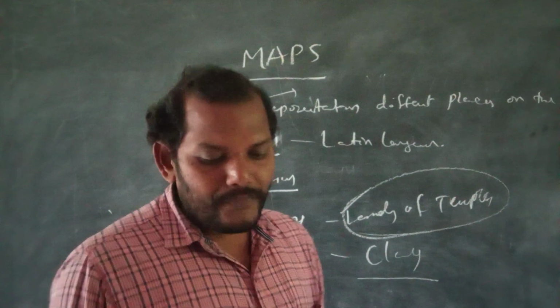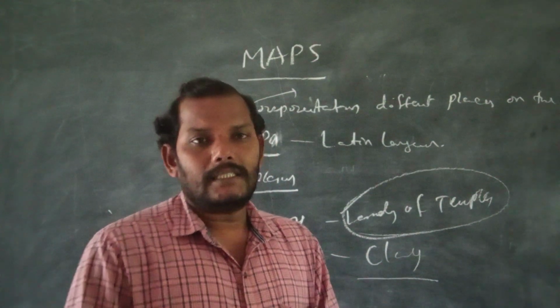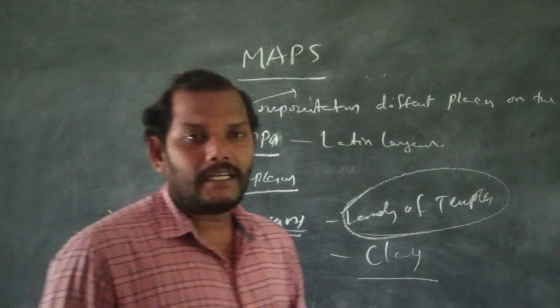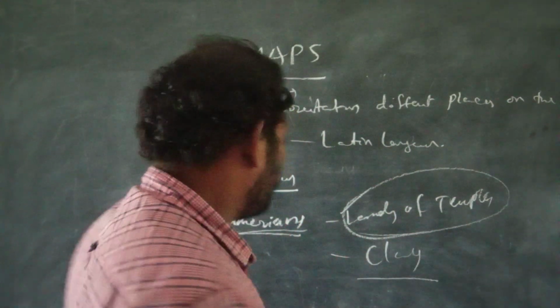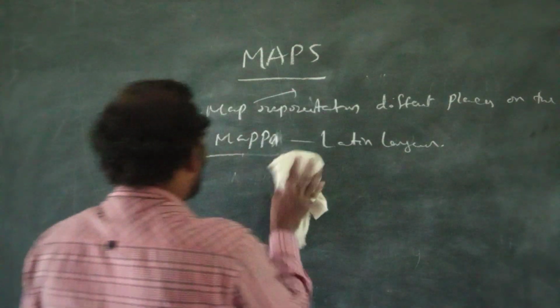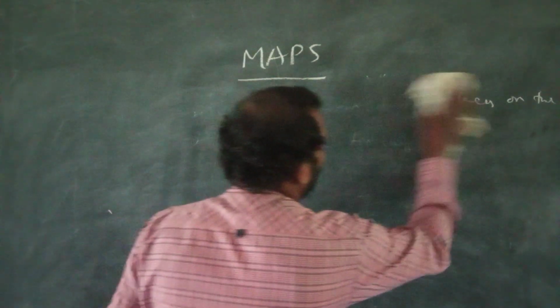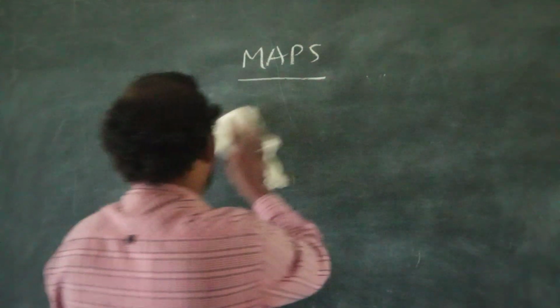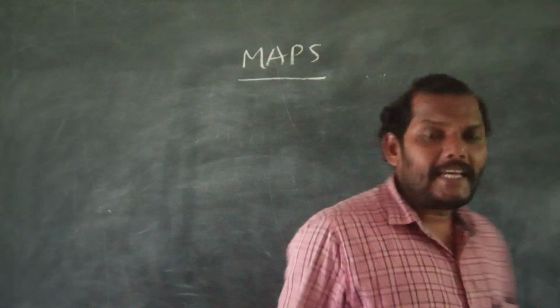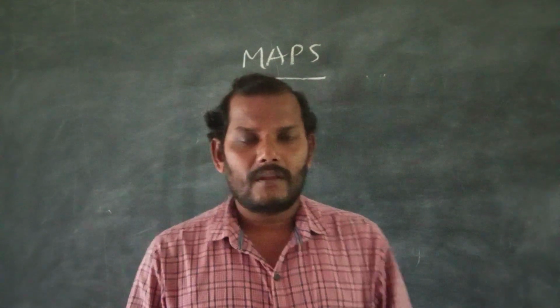Right? And in this class we learn about the sketch and the map. What is called a sketch and what is a map? Very simple. A sketch means a rough diagram.